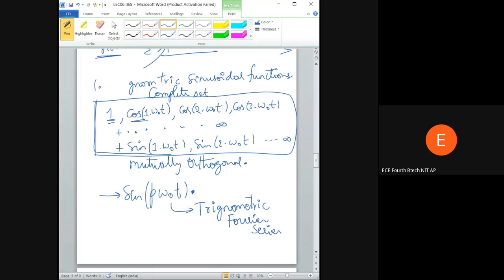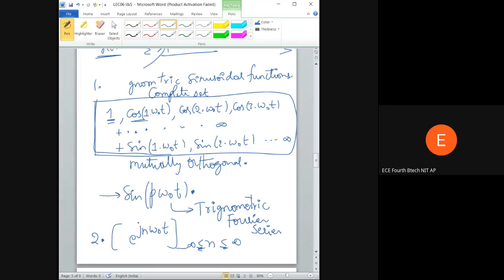Next, the second one, complex exponentials: e power j n omega naught t, where n varies over all integers from minus infinity to plus infinity: 0, 1, 2, 3, and so on.